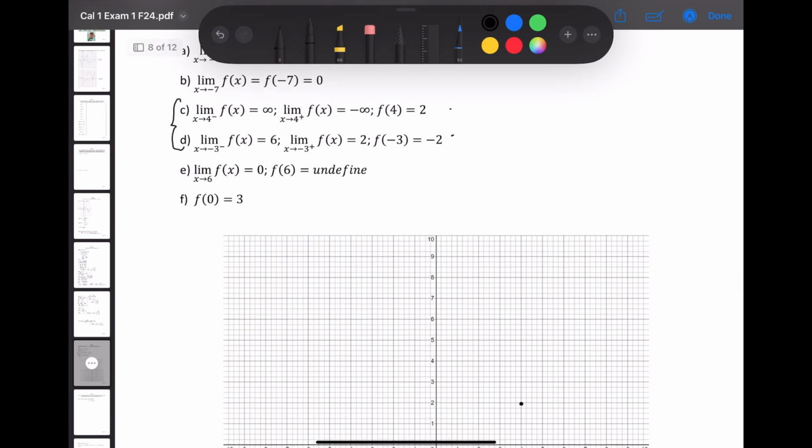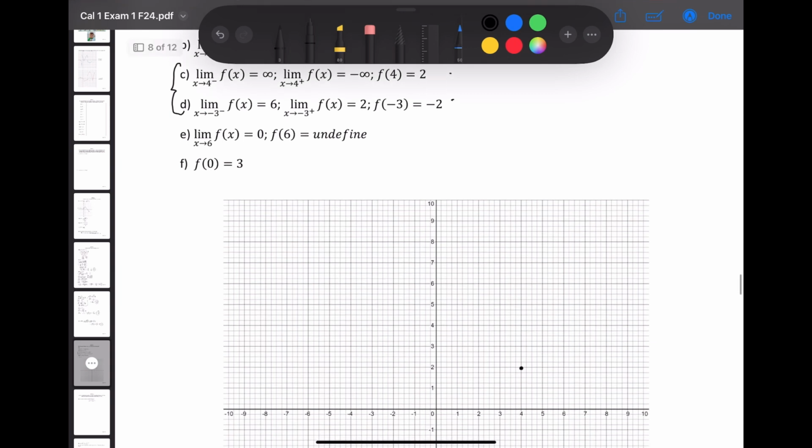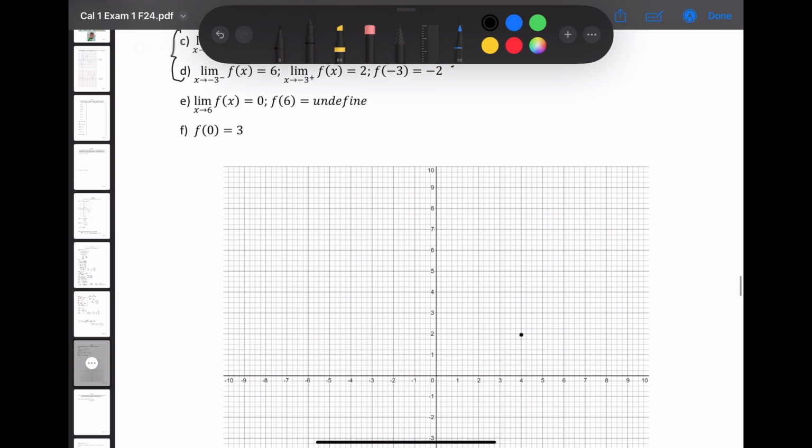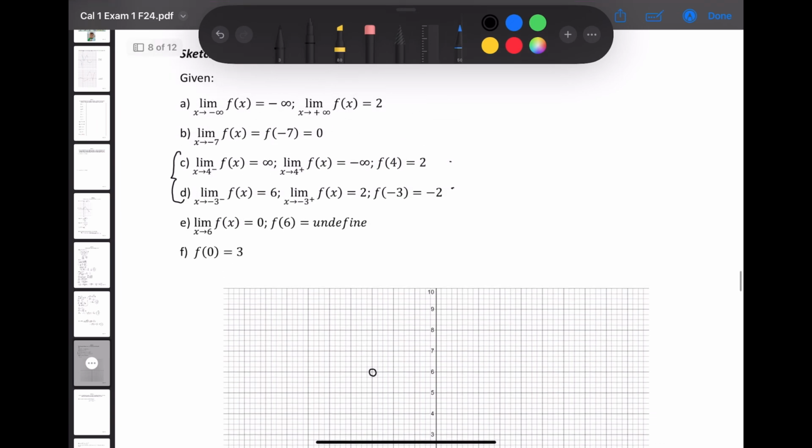So as limit x is approaching negative 3 from the left, f of x equals 6. So on negative 3, for now, just leave them as open circles and then fill them in. What I've noticed, like C and D, since we're given from the left and right, your points are going to be left open.